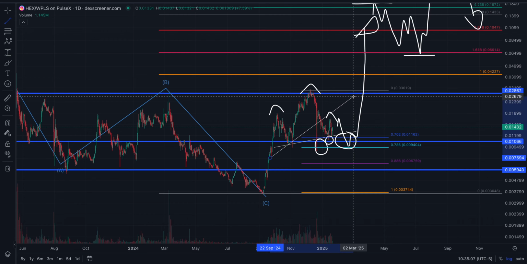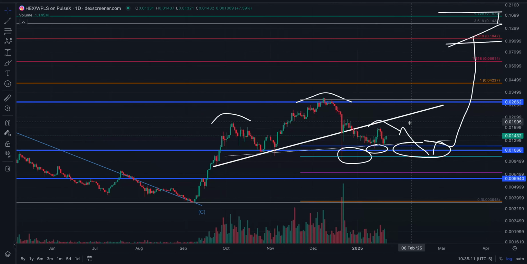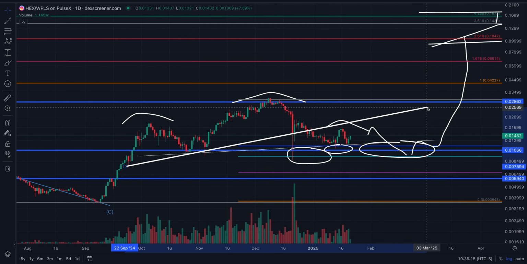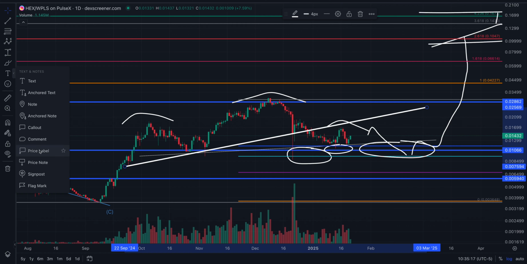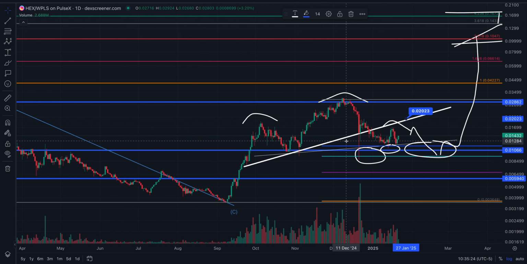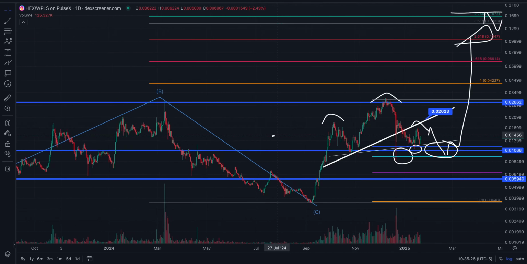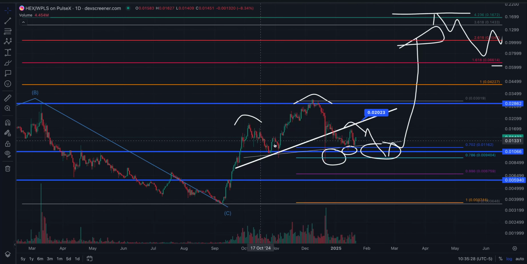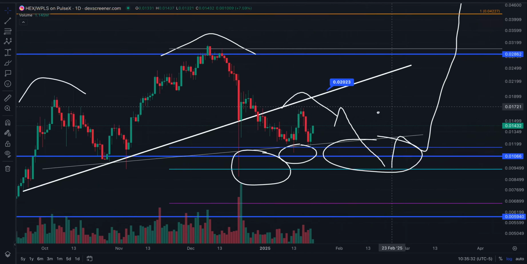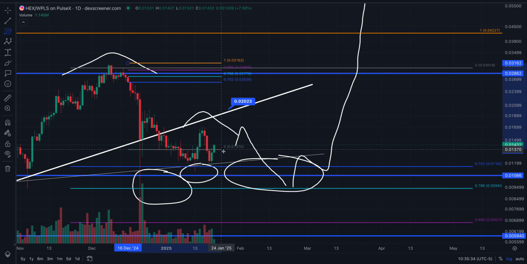What I would want to see going forward from bulls is a move above this trend line. Okay, once we get over here, once we get a daily close above this level, that would be very bullish. If we want to be more precise, we could just take a fib from this high down to this low.